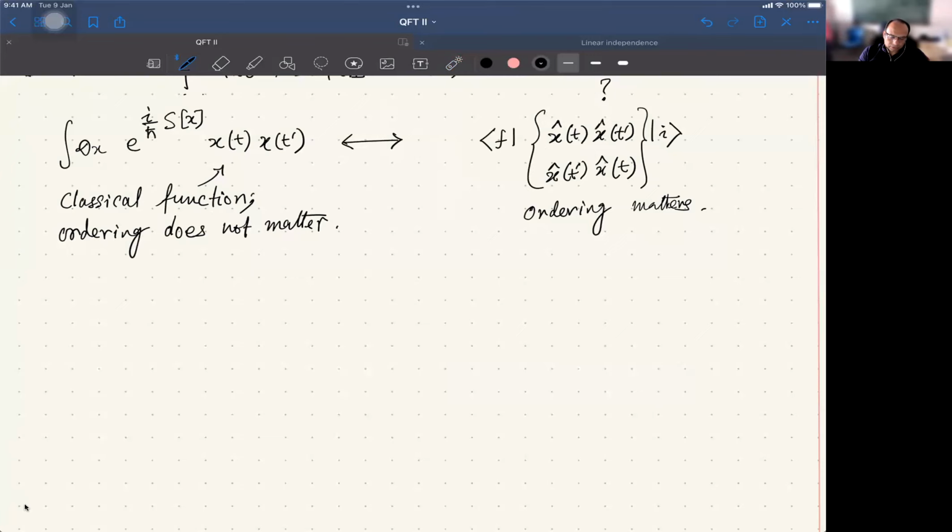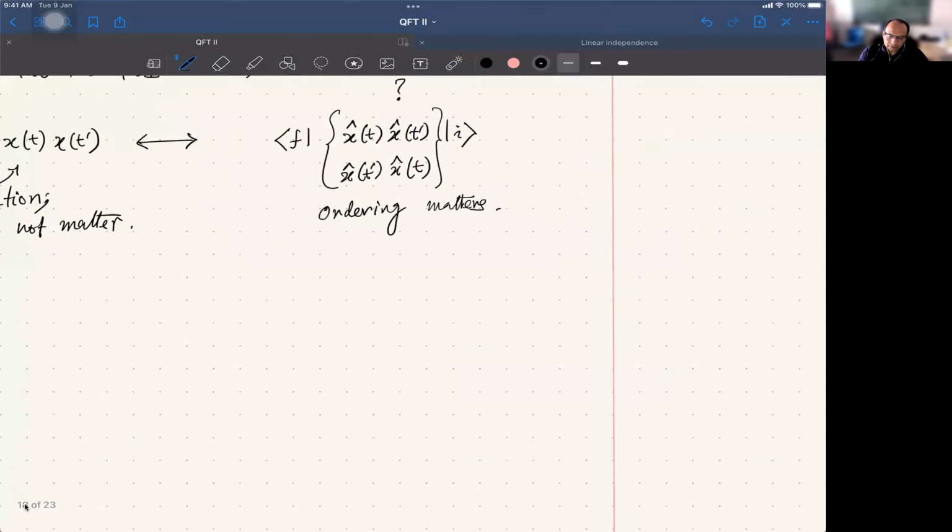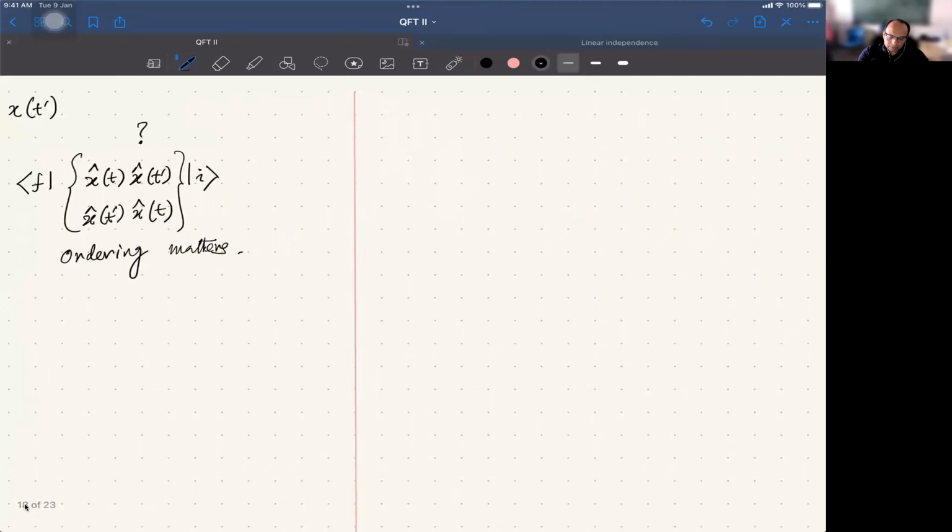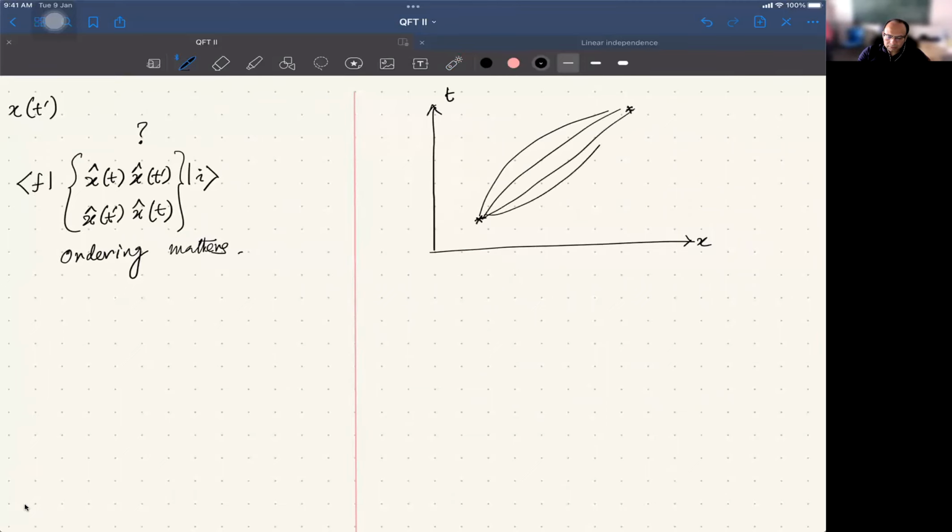So let us look at this picture here. You have this in the path integral, but two operators are inserted at two intermediate times. Let me not name them at this point.